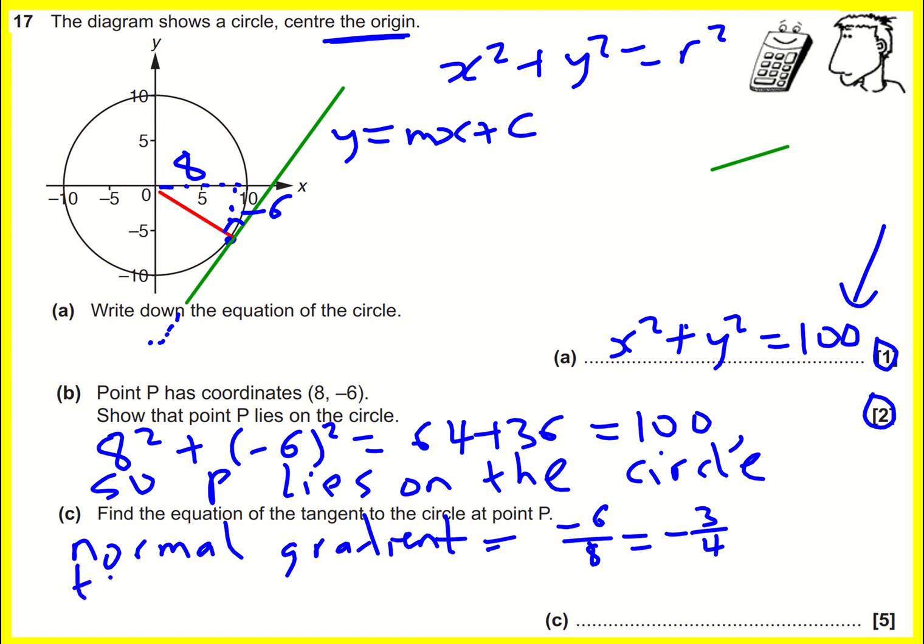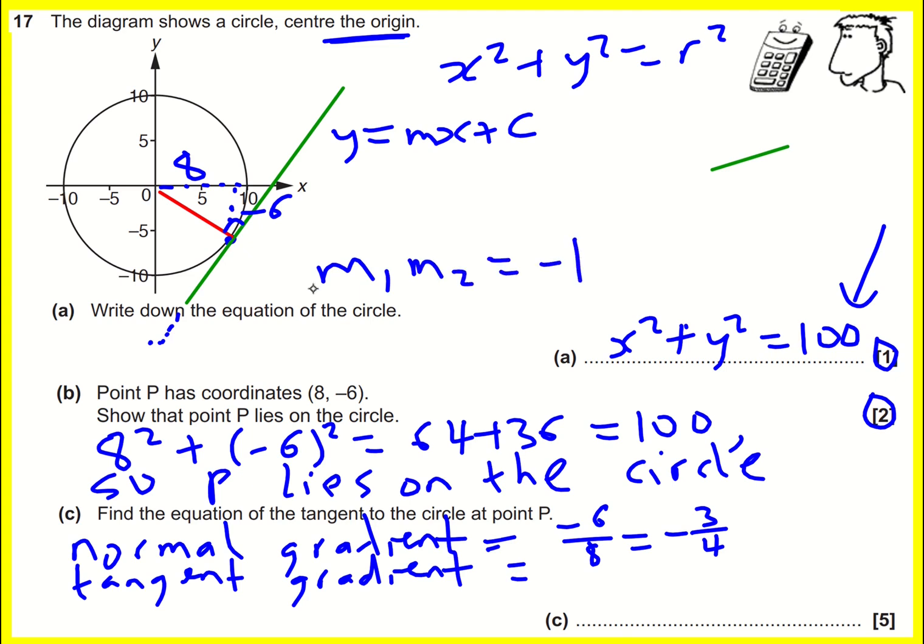So tangent gradient. Right, now the relationship, I've not spoken about this yet, is that if two lines are perpendicular, then the gradients actually multiply to give minus 1. You can prove this using a similar triangle argument, but it is a fact that needs to be known, used often at A level as well.